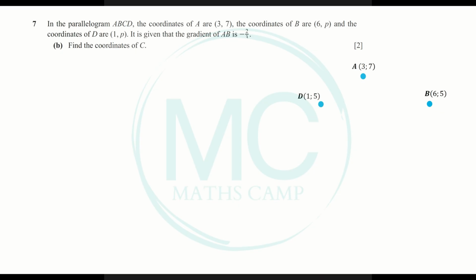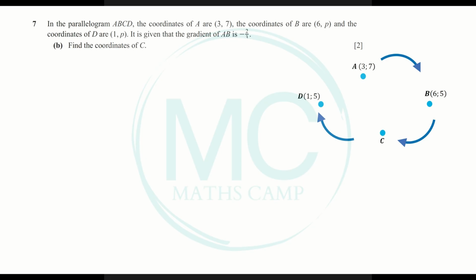The question tells us that we are working with a parallelogram ABCD. When we name a parallelogram, we do not necessarily name the letters in alphabetical order. We actually name them in a clockwise direction. This means that point C needs to lie somewhere here.